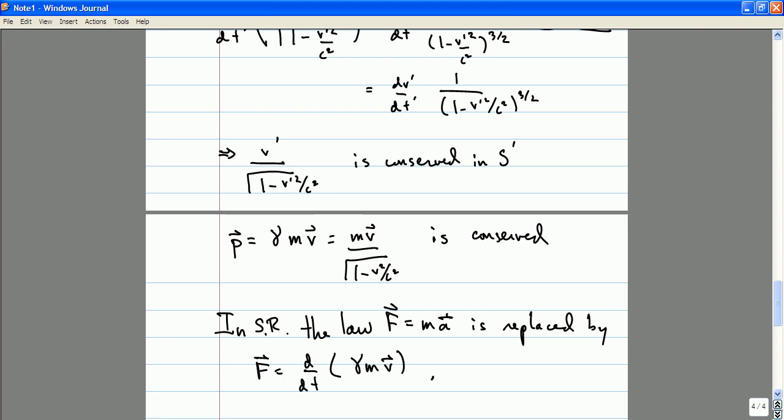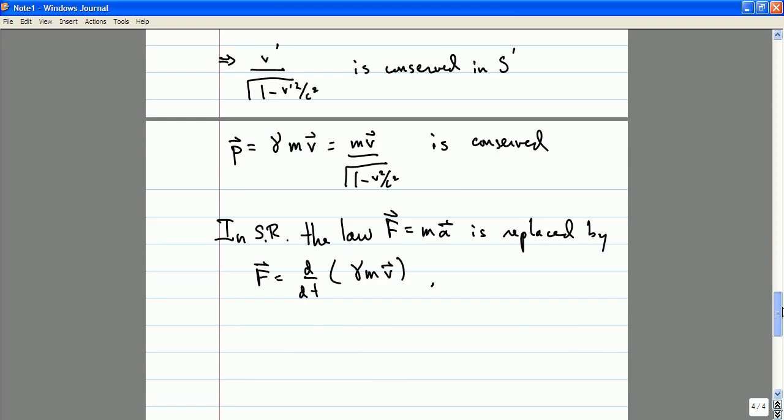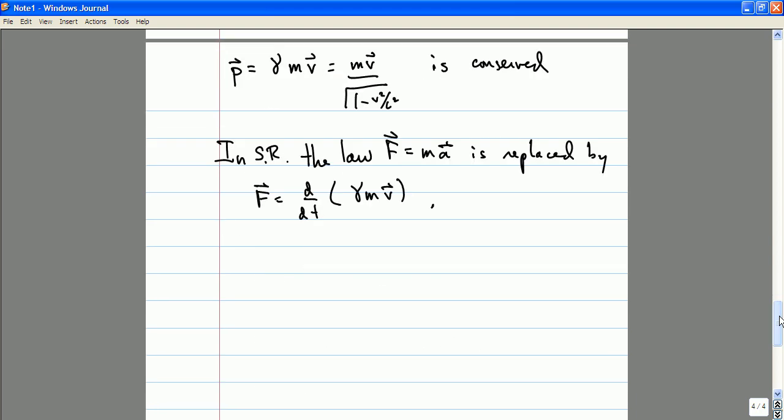And then, given this definition of what we mean by force, there are a couple of different ways that we can understand why the appropriate relativistic notion of energy is gamma mc squared. So I'll present two different derivations of this because it's a very important formula.